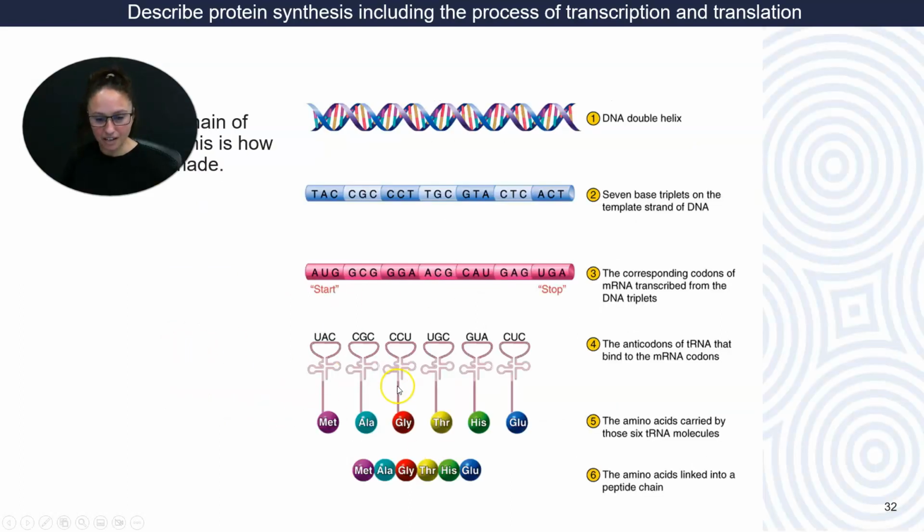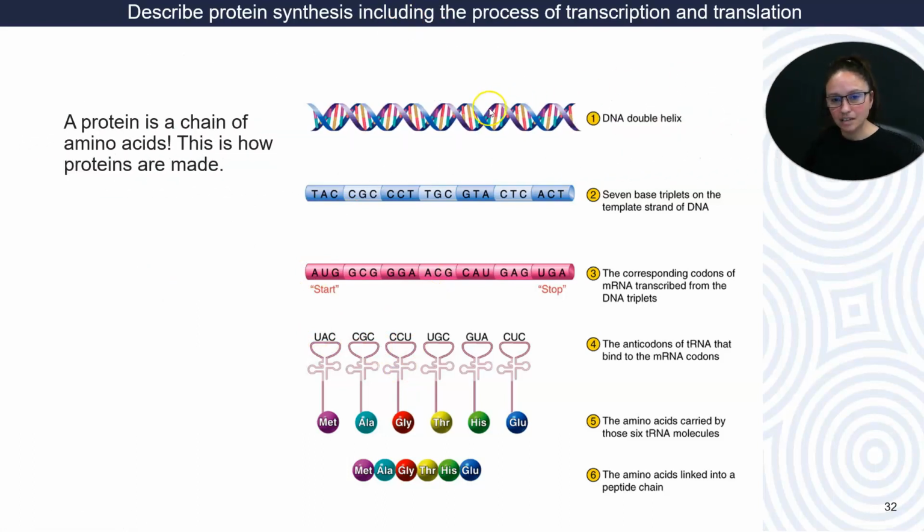Here is another picture that shows you exactly how proteins are made, from DNA, RNA. These are the little transfer RNAs. And then we end up with a beautiful amino acid chain. Happy days. So as you can see here, GUA carries this amino acid.